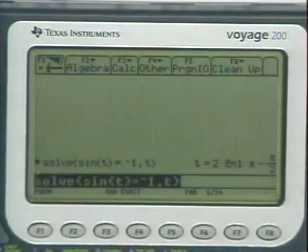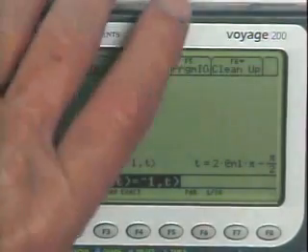But see, it gives t as 2n pi minus pi over 2. That's 2n pi minus pi over 2 is what the answer is. Now that may or may not get you where you want to go, I don't know.